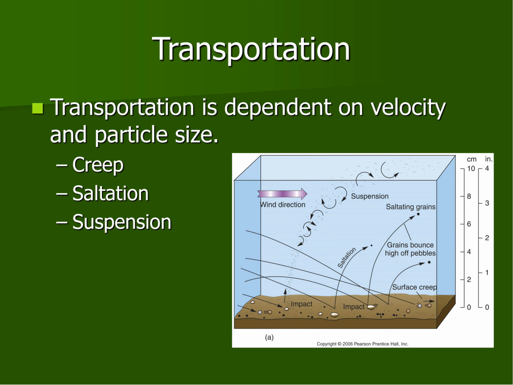Saltation is that impact, elastic rebound that causes suspension. And then the last is suspension. These are our smallest particles. They feel like big particles sometimes. We've all been hit by things that are flying in the atmosphere, but these are rather tiny particles for the most part, and they can be suspended for quite some distance.